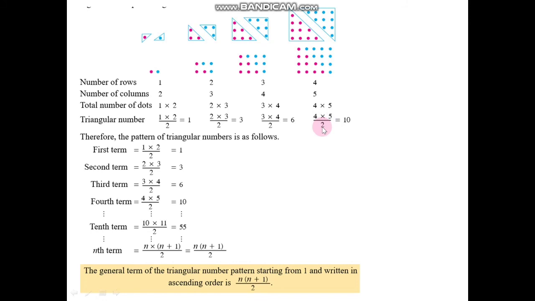You got me? See, the nth term we get n into n plus 1, 1 more than the term number, and we divide it by 2. So the general term of the triangular number pattern becomes n into n plus 1 divided by 2.